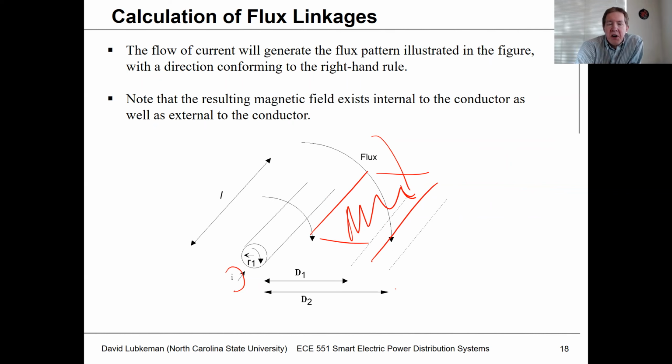We're also going to be doing a lot of these calculations on a unit length basis, so we have to know what the length is going to be as well. So again, if I inject a current through a conductor and generate a magnetic field where there's a net amount of flux I can associate with it, that's going to result in an inductance associated with this particular wire.